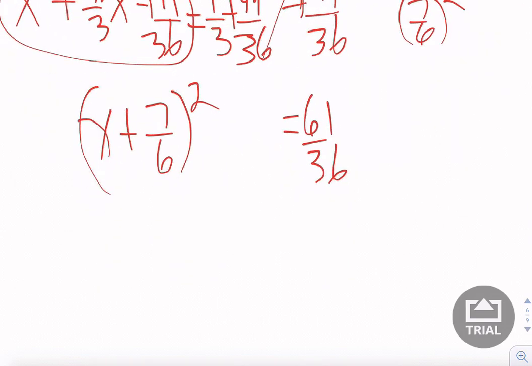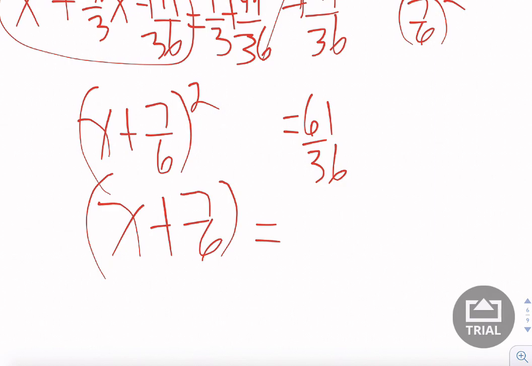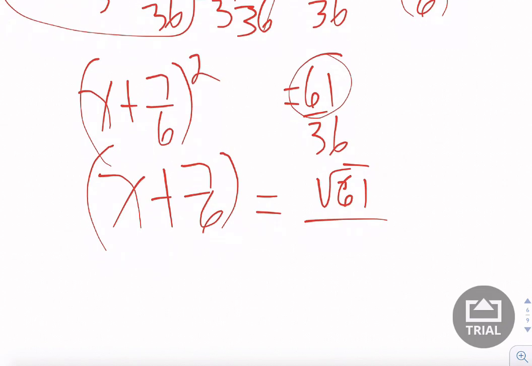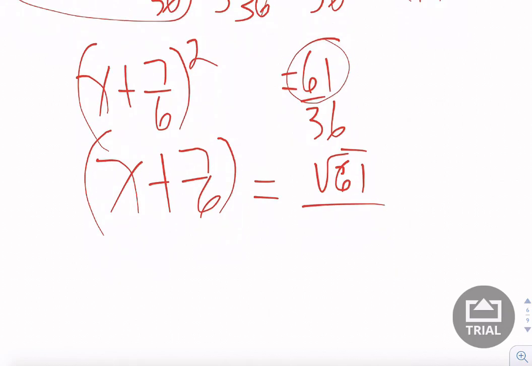But again, I'd like to put the right side in terms of squares. So I'm going to have x plus 7 over 6 will equal, well, it's going to be the square root of 61 over the square root of 36. The reason I put root 61 is because there's no nice integer answer or decimal, whereas the square root of 36 is 6.